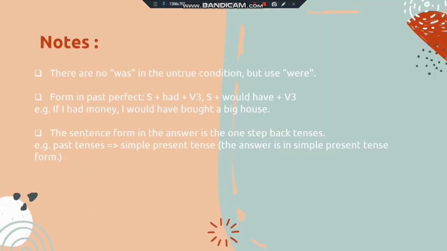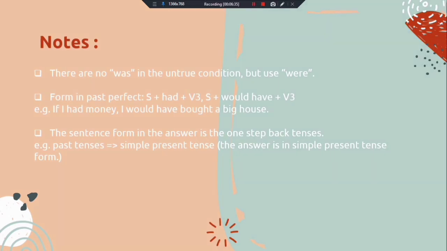There are some things that you should remember from the wishes and answer condition. The first one is there is no "was" in answer condition and wishes, but use "were" even if the subject is single or plural.